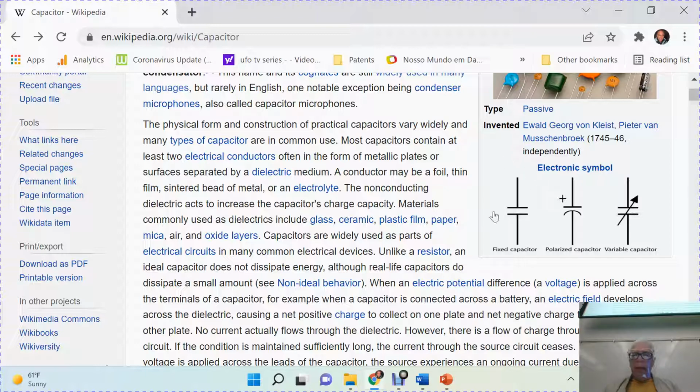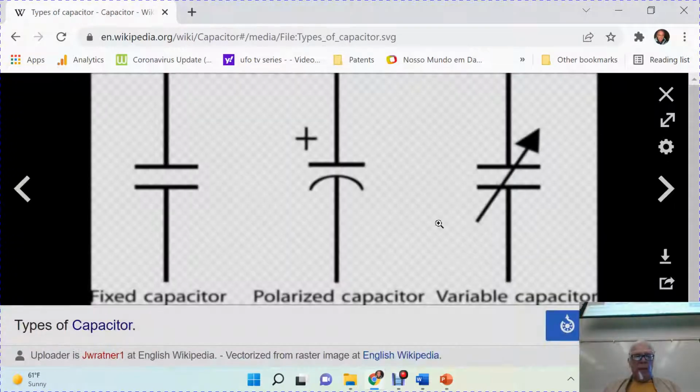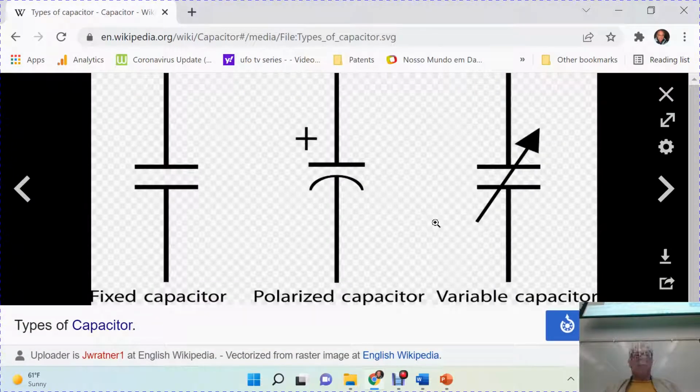And then there are some special types of capacitor that are called polarized capacitors, capacitors that have a polarization. We have some of those in there. And that's the symbol for a polarized capacitor. In the polarized capacitor, you must connect this plate here with the positive of your battery, and this one is the negative. This one is not polarized.